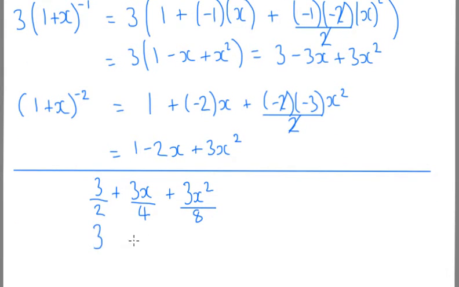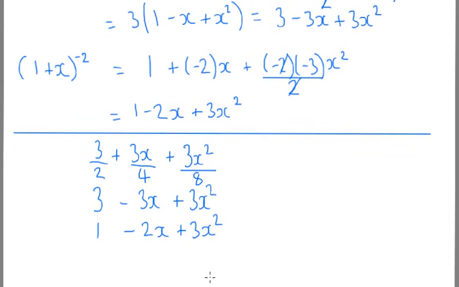We've got 3 minus 3x plus 3x squared, and we've got 1 minus 2x plus 3x squared.